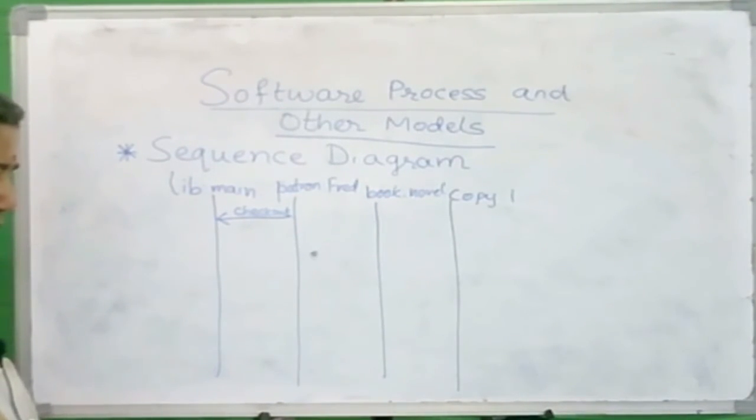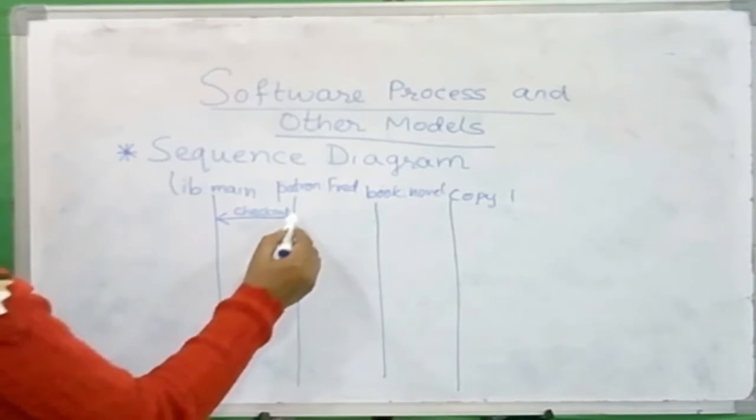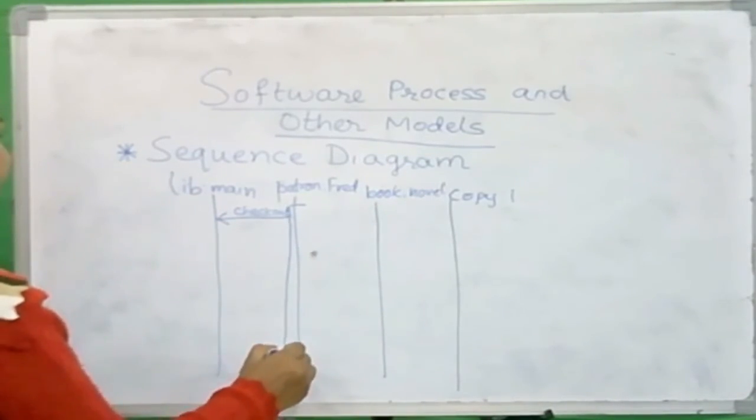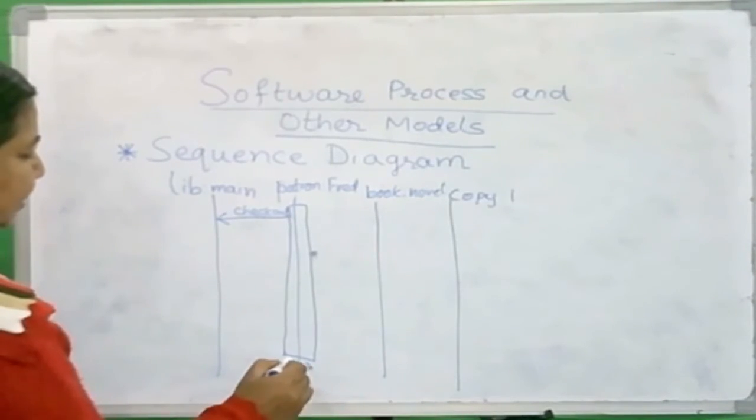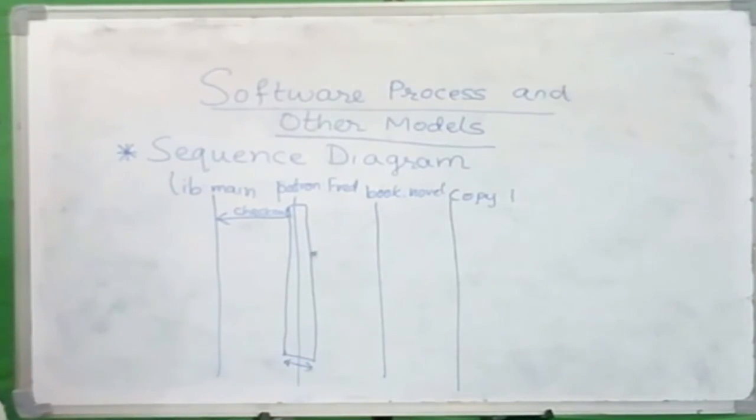The white block on the vertical line shows the execution time of the called function. So if there is a box, then it will indicate how much time is required for execution of this particular function. Returns are normally not shown. Multiple calls to the same functions are often shown as just one arrow.